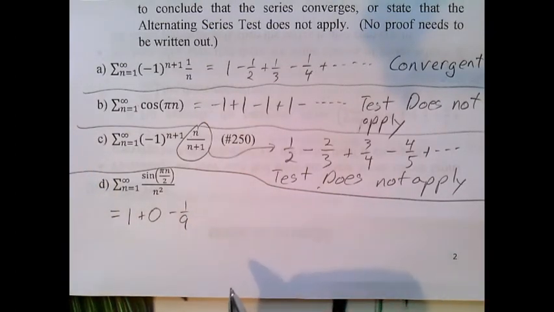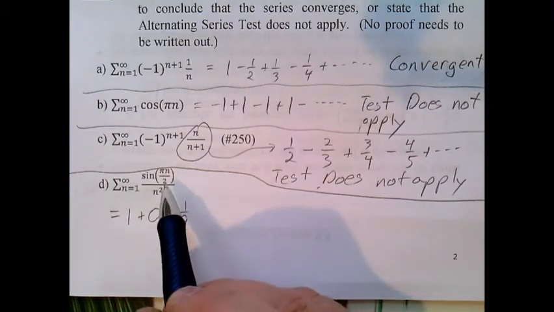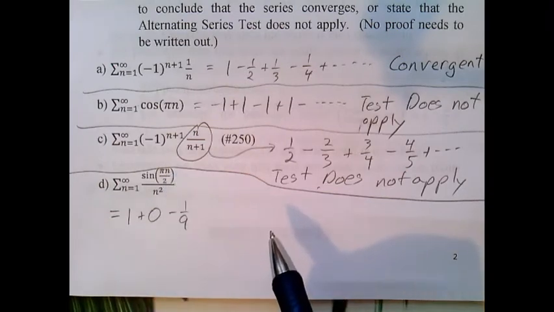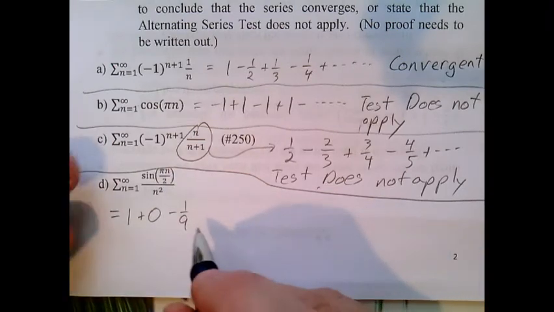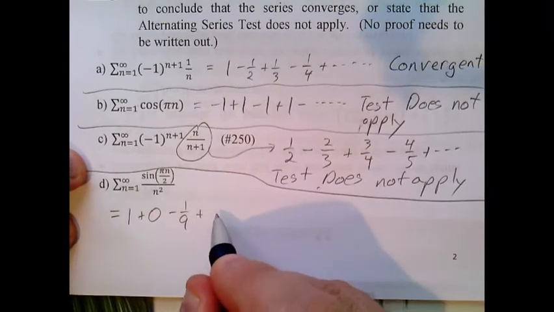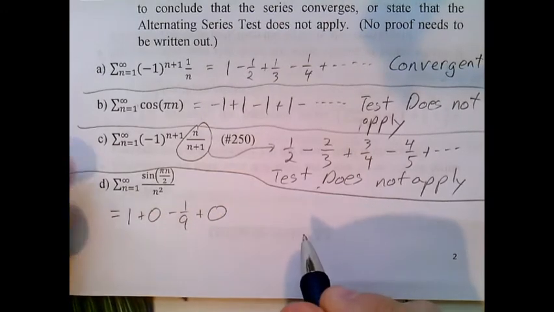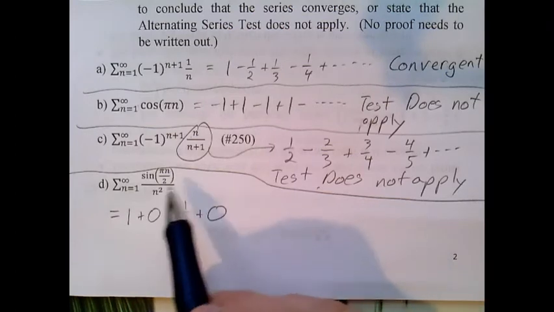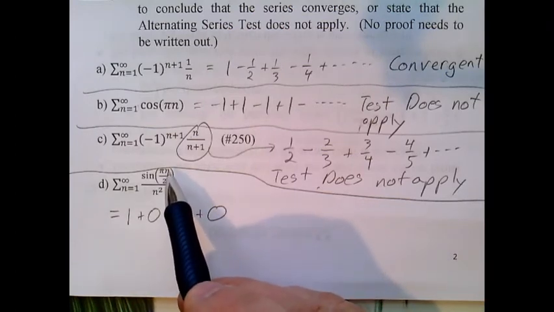And then when n is 4, we'd get sine of 4 pi over 2, which is 2 pi. So sine of 2 pi is 0. We'll do just a few more. When n is 5, we'd have sine of 5 pi over 2.